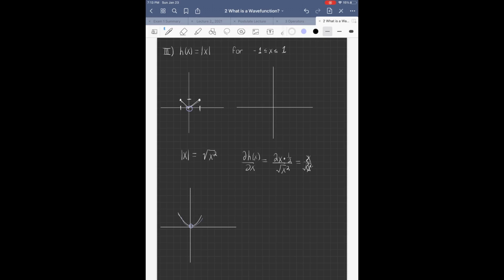Oh wait, sorry, I forgot to put the squared. And this would just be, because we know the proof, x over absolute value of x. Alright, now let's just put x divided by x squared, and then we go to the 1/2 power.